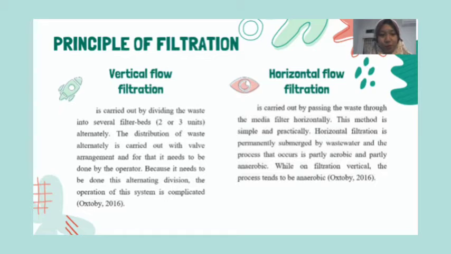The distribution of waste alternately is carried out with a valve arrangement, so it needs to be done by the operator. Horizontal flow filtration is carried out by passing the waste through the filter media horizontally. This method is simple and practical.